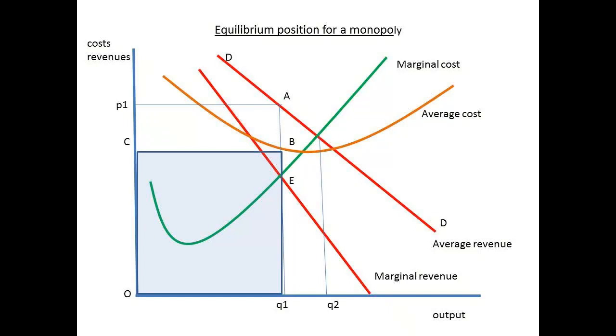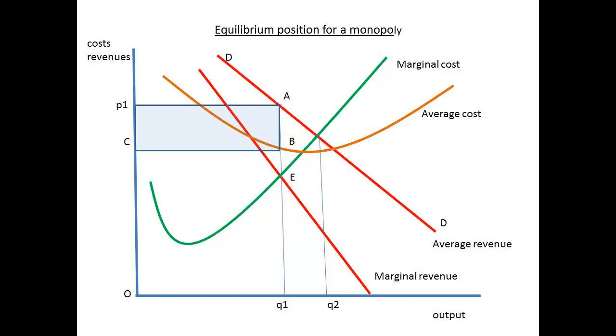The total costs are given by the area of the rectangle OCBQ1. I have shaded this to show it more clearly. Now we can see where the above normal profits are. They are given by the rectangle CP1AB. Again, we have shaded the rectangle to make this easier to see.